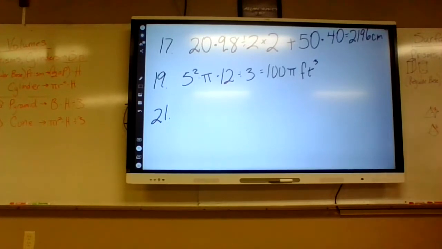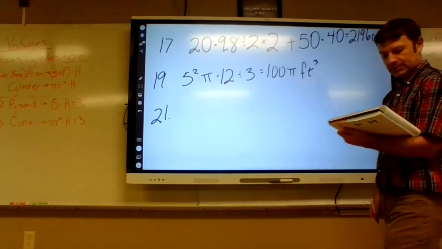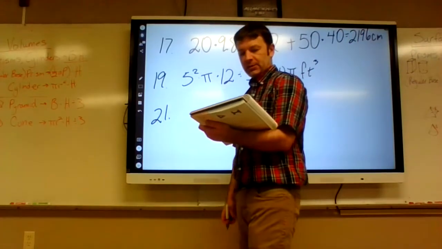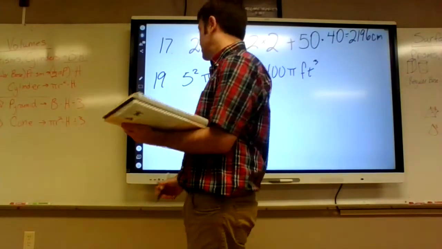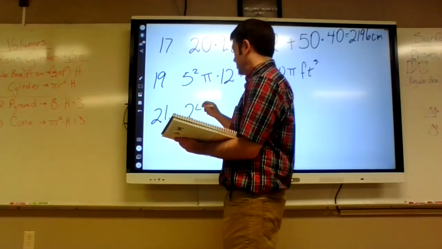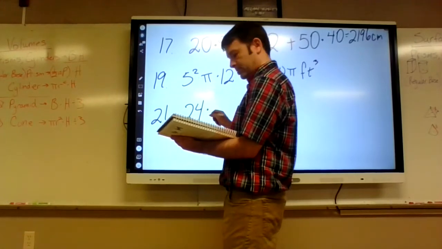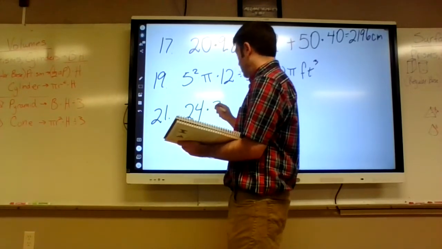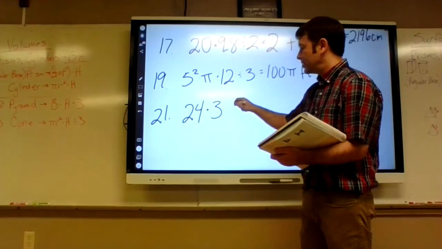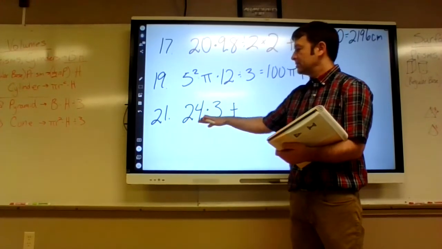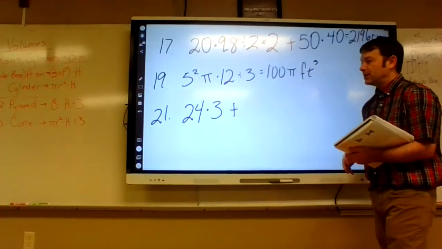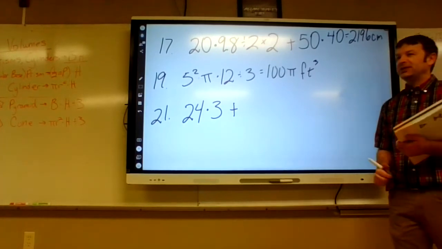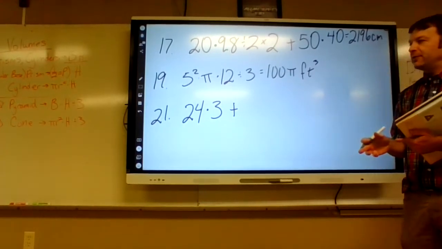What is the perimeter of the base? 6 plus 6 plus 6 plus 6, yeah, 24. What's the height of the prism? 3. That's the lateral surface area of just the rectangular prism.